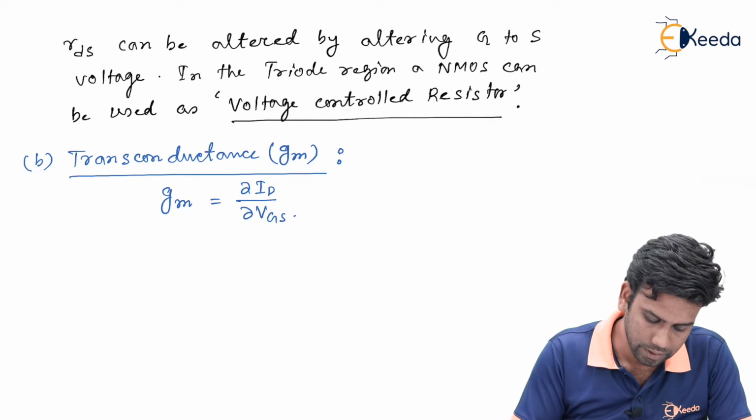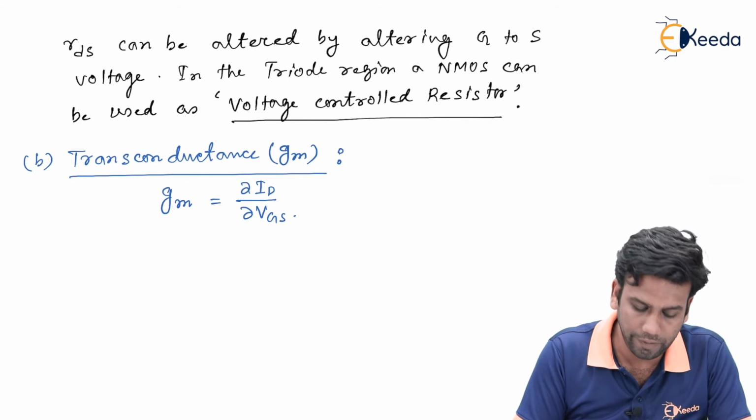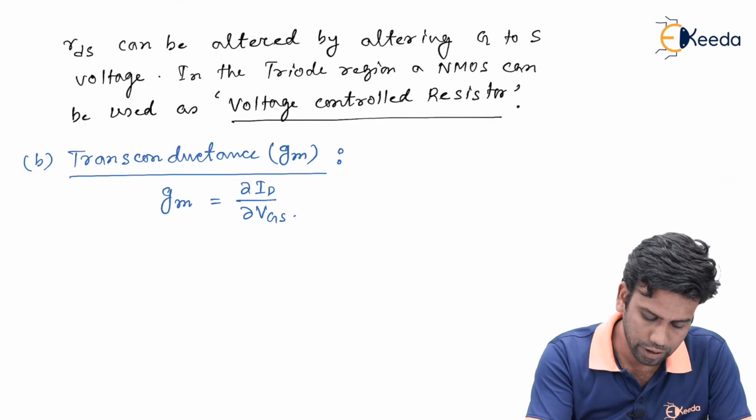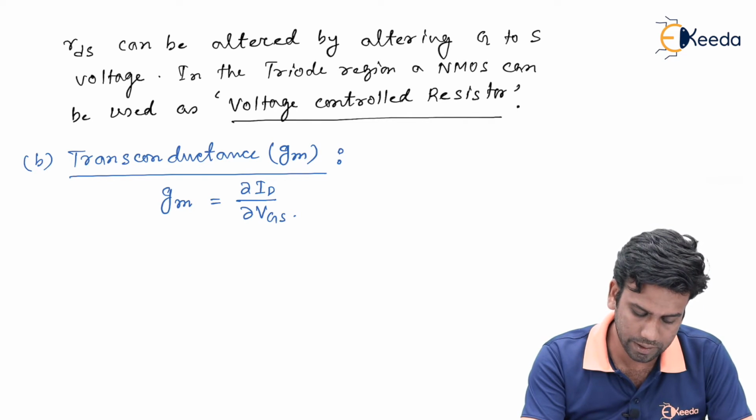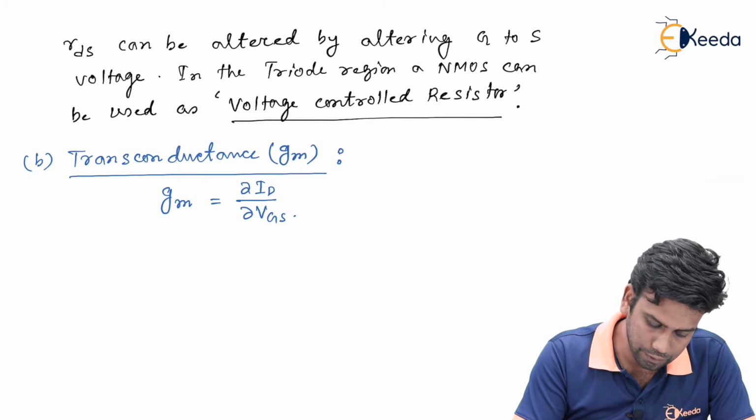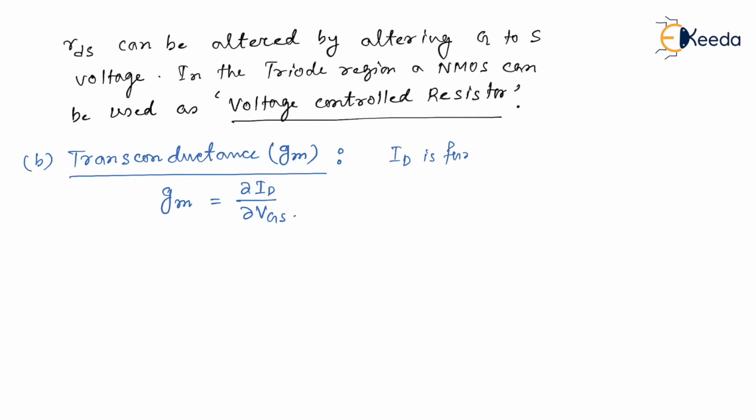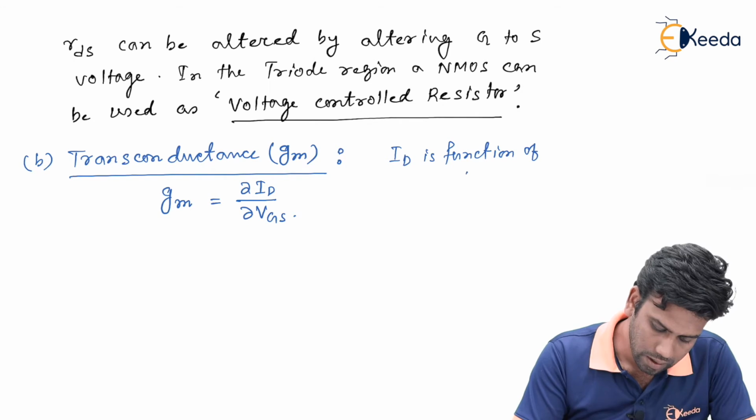That means rate of change of ID divided by change of VGS, because we have now discussed that ID value is a function of VGS and VDS.